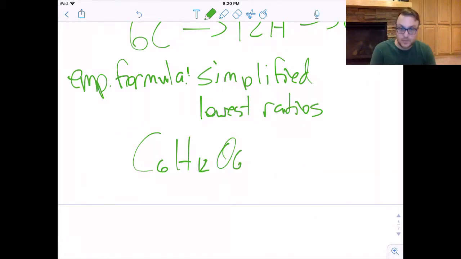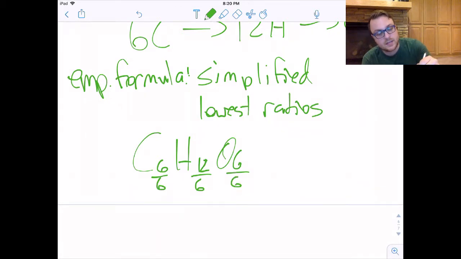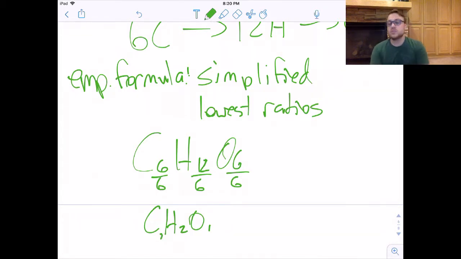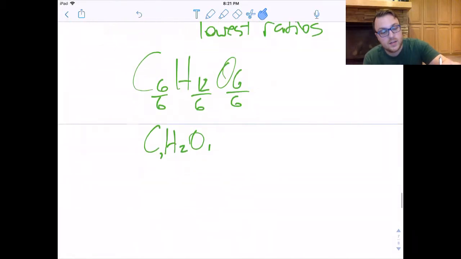And if I divide each of them by 6, you get CH2O. And I'll put the 1s in there. You don't have to, but you can. C1H2O1. I have simplified that to the lowest possible numbers I can. So it makes that ratio easier to understand. For every 1 carbon, I see 2 hydrogens and 1 oxygen.